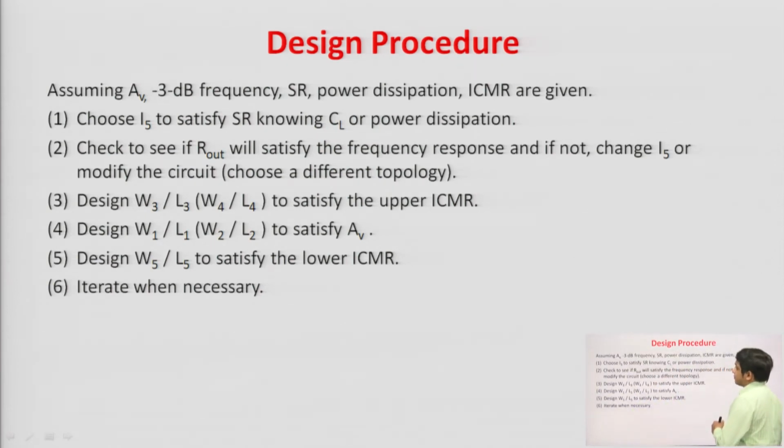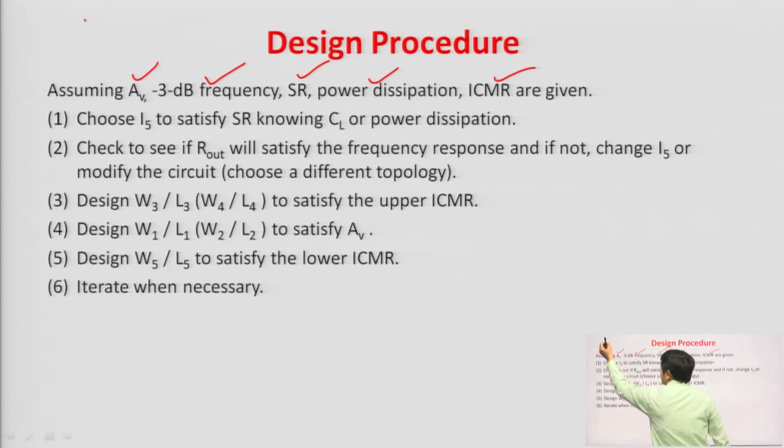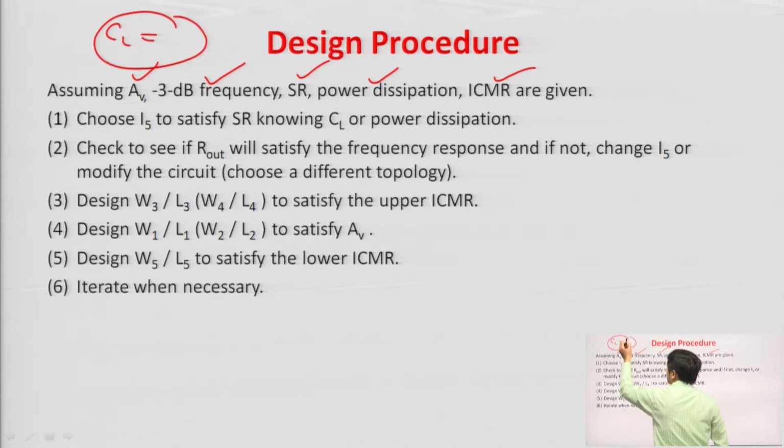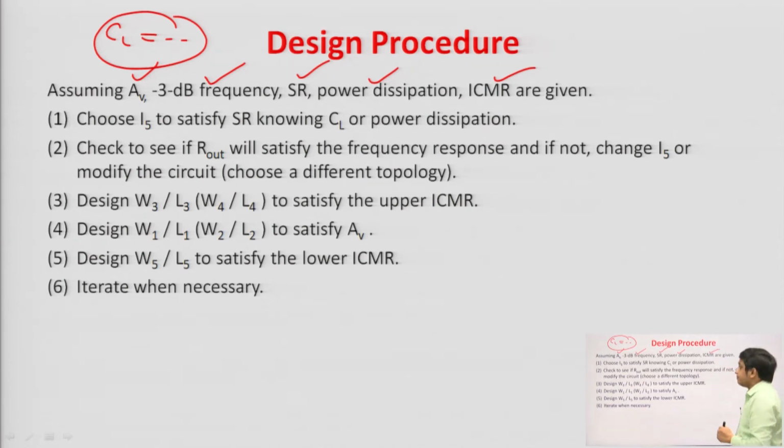So, the basic design procedure is, firstly, for example, assuming that the voltage gain AV is given, minus 3 dB frequency is given, slew rate, power dissipation, ICMR, that is input common mode range, are given. And obviously, we have to decide what value of CL we are going to take, CL, that is the capacitive load, right.